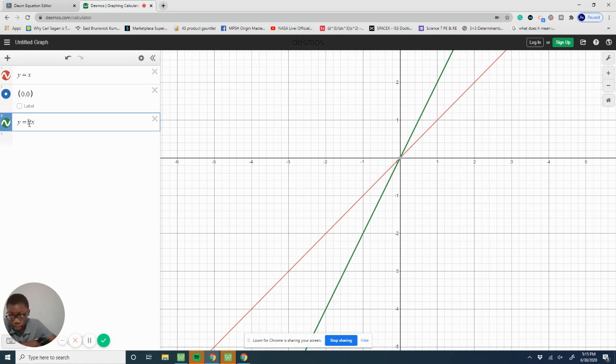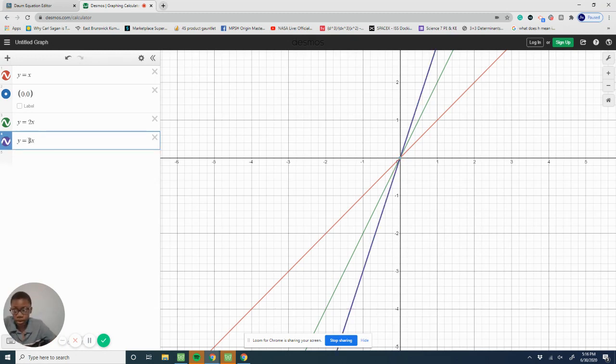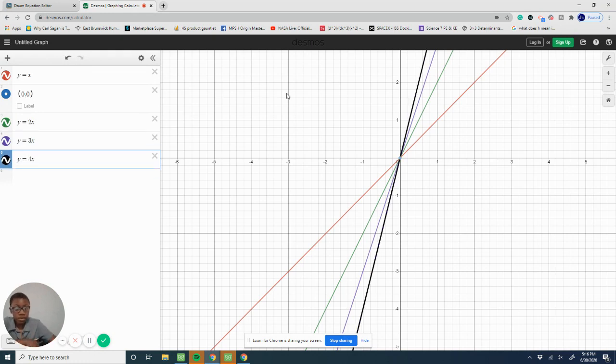As you see, the coefficient here is 2, and that is the slope. I can put another equation, 3x, and the slope, the steepness, is going to continue to increase. As you see these different lines, the steepness increases as the coefficient increases. So that's the slope.